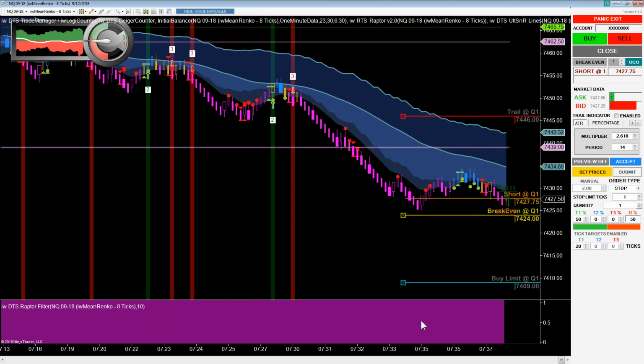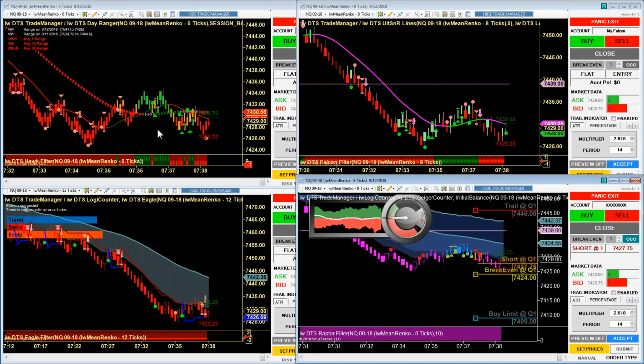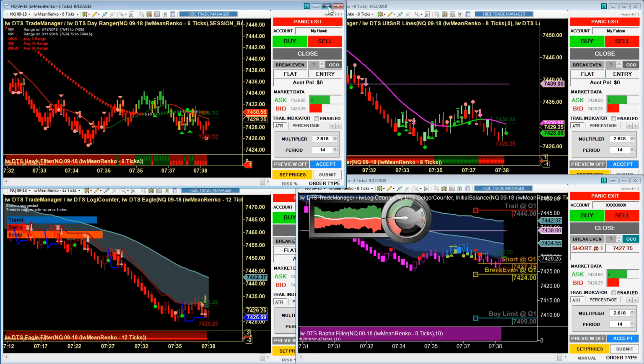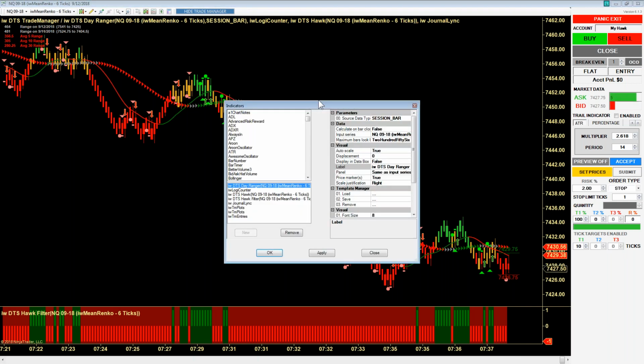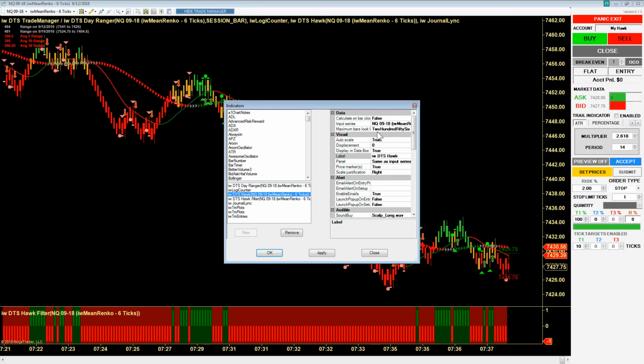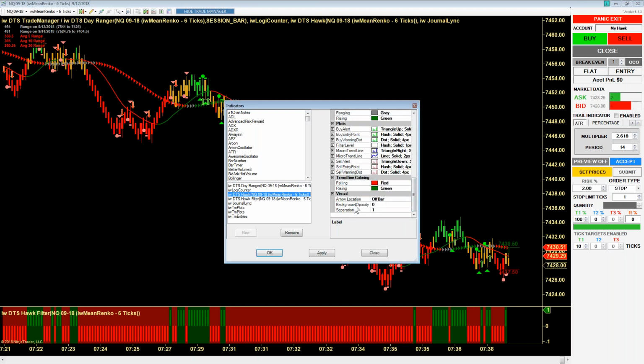Phil asks, Eric, how do you get the vertical red and green lines off of the hawk? I think you're talking about the background highlights. So if you right click and you go here to your indicators and then highlight your hawk, your tool, if you pull down to the very bottom, you're going to see this value here, background opacity.